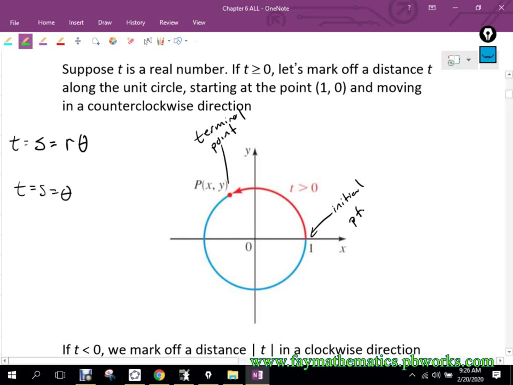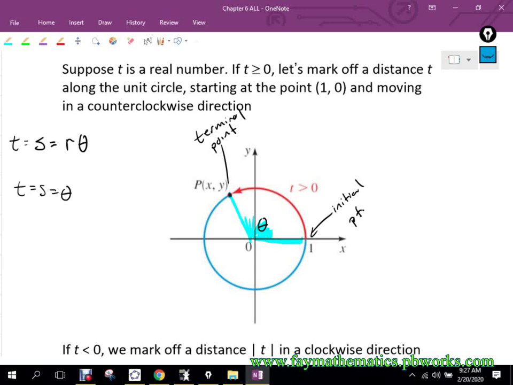Theta was that angle right there, wasn't it? Okay. So when they talk about, on the unit circle, this distance t, you can make the jump that yes, we're talking about this length t, but that is analogous, because of this relationship here, to that central angle of theta.